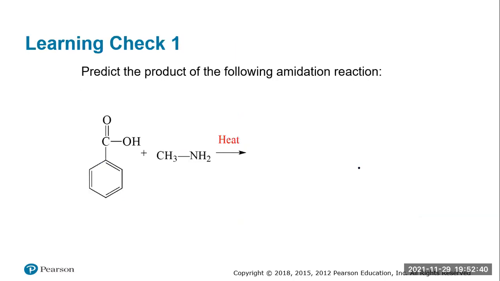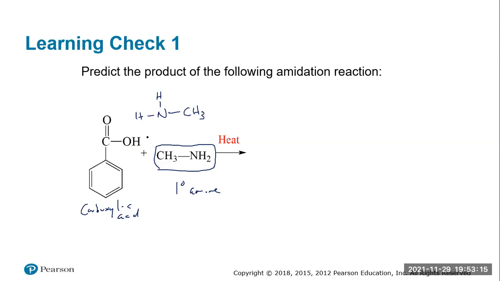We can look at this. Here we go. If we want to predict what's going to happen, we're going to do the same type of thing. We're going to take out water and basically squeeze everybody together. So to help you do this, you might want to rearrange. This is our carboxylic acid. This is a primary amine. And if we back up, I'll even draw out maybe our amine here.